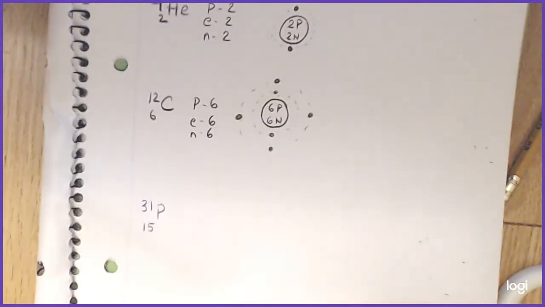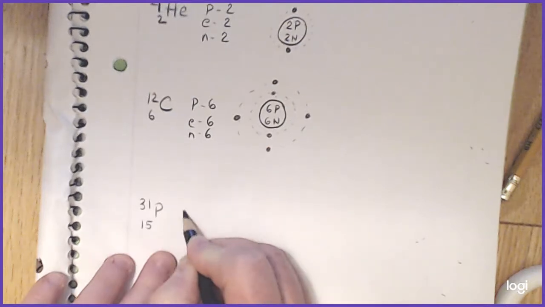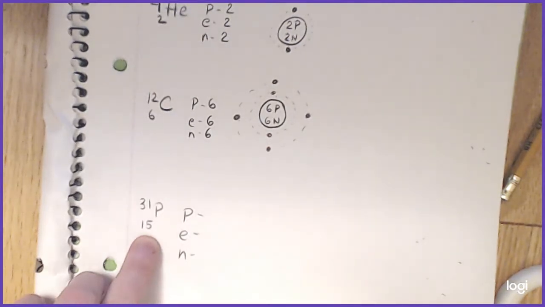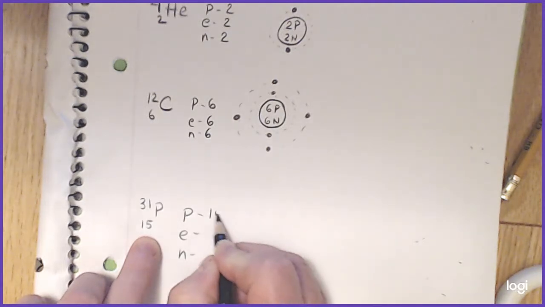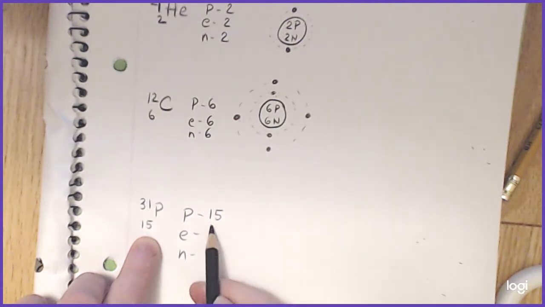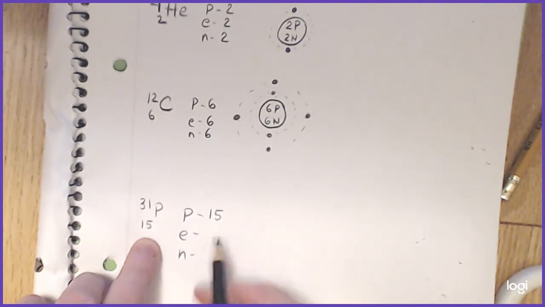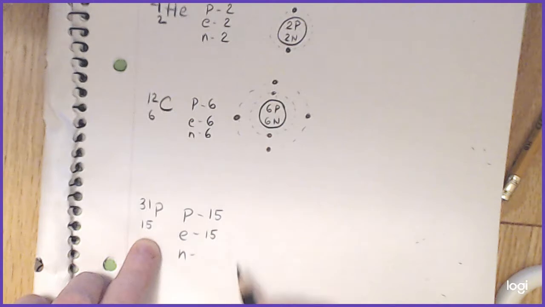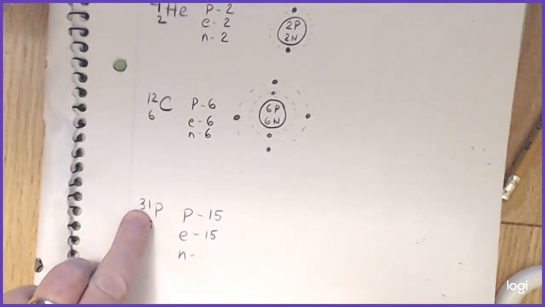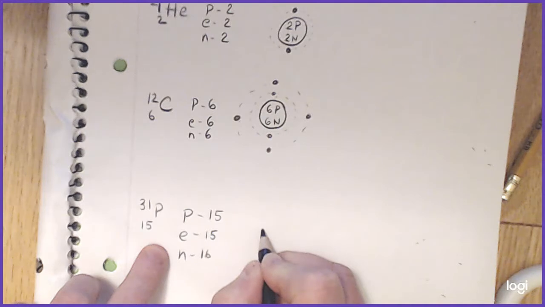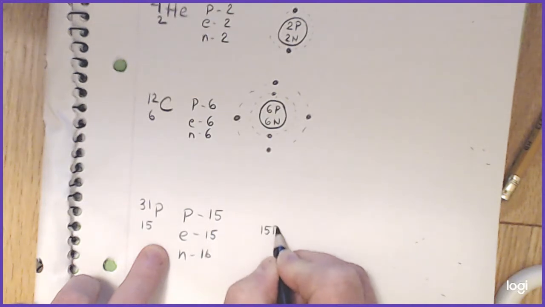The next one we're going to do is phosphorus. So for phosphorus, we have our protons, electrons, and neutrons. So our protons, 15. If we have 15 positive protons, that means we must have 15 negative electrons. And if we want to figure out our number of neutrons, we take our mass, we minus our atomic number, and we get 16. So in the center of the atom here, we have 15 protons.